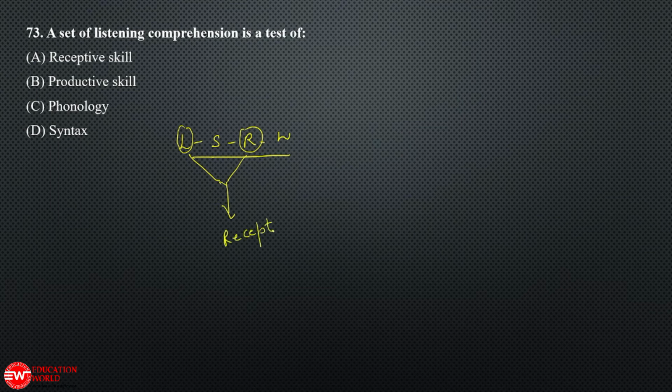Receptive skills means they are concerned with reception. We receive something. And speaking and writing are productive skills. So here what has been asked is what type of skill listening comprehension is. So it has to be that listening is a receptive skill. So option A would be the right one.